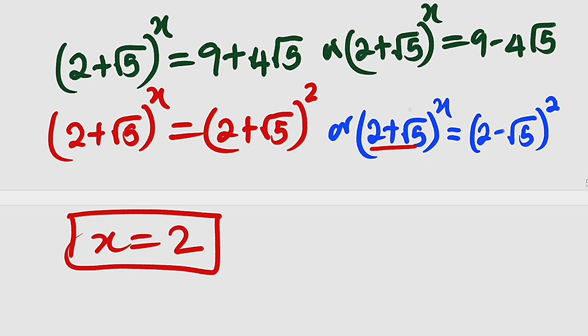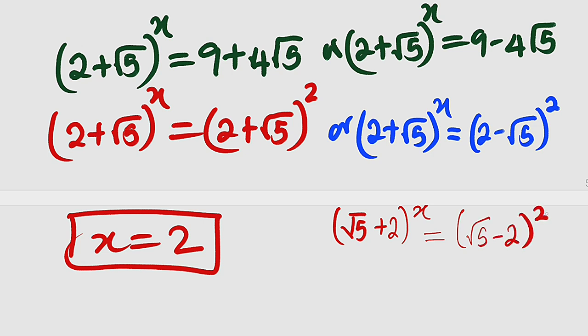I know that 2 plus root 5 can also be written as root 5 plus 2. Nothing changed, commutative, to the power of x. And likewise, 2 minus root 5 can be written as root 5 minus 2 to the power of 2, because the power is even. So we have root 5 minus 2 to the power of 2.